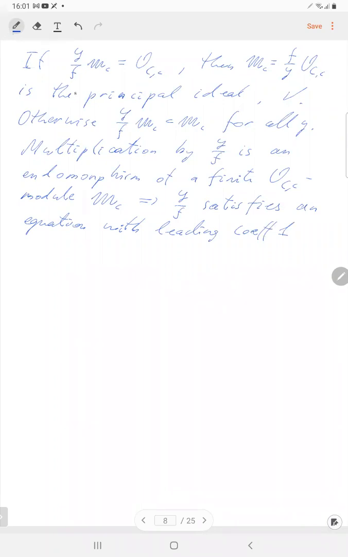Maybe you remember it from some of the first home assignments. But now we assumed that our local ring was integrally closed.